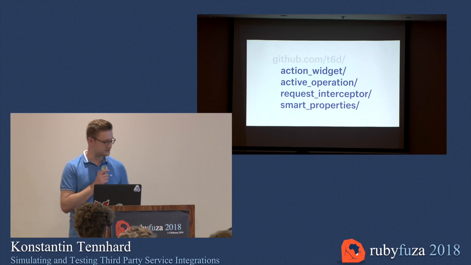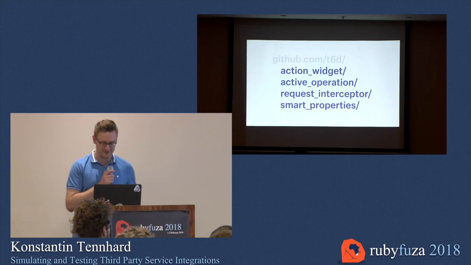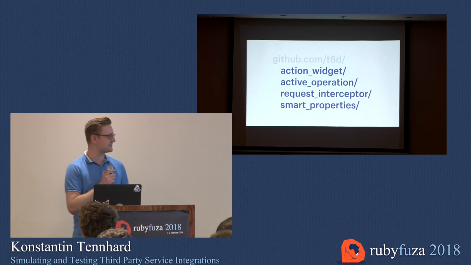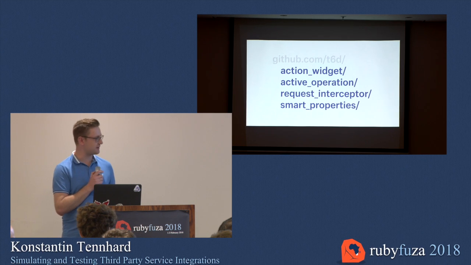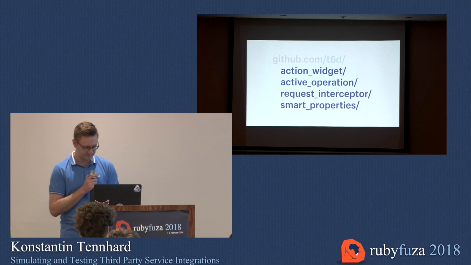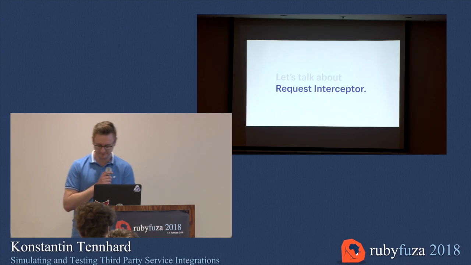And then there's Request Interceptor. I won't give any spoilers yet, but that's what we are going to talk about today. And then there is Smart Properties, which I like to refer to as Ruby attribute accessors on steroids. They give you type validation, type conversion, default values, and so forth. But let's talk about Request Interceptor.